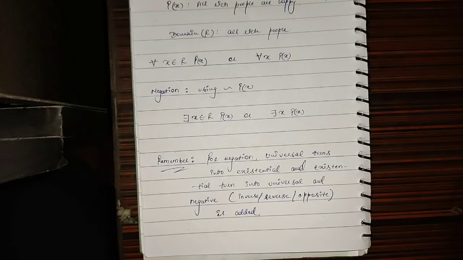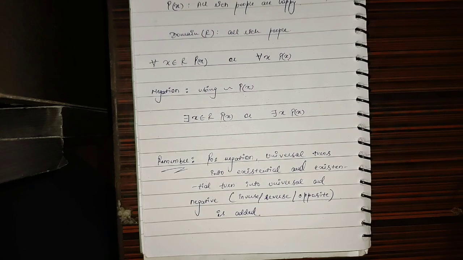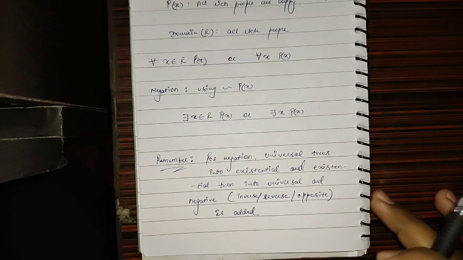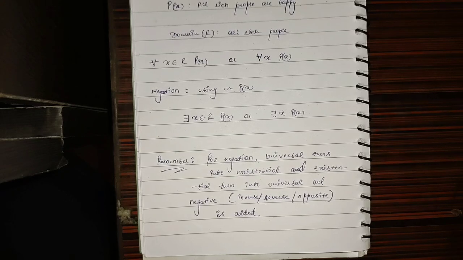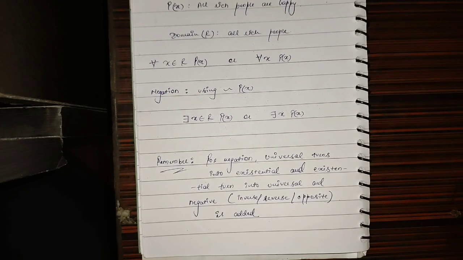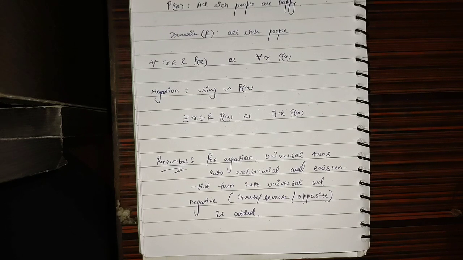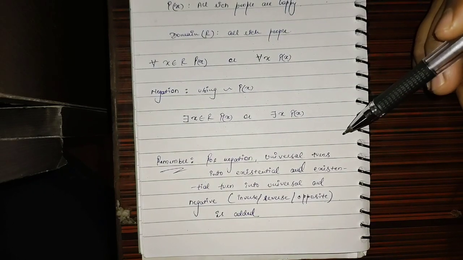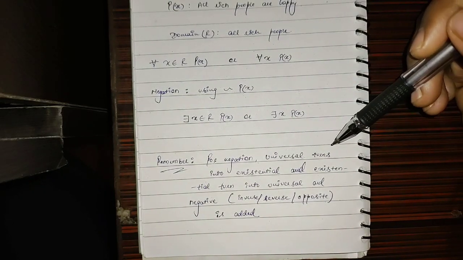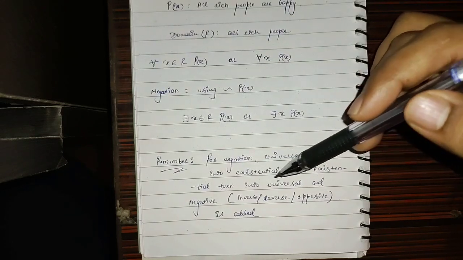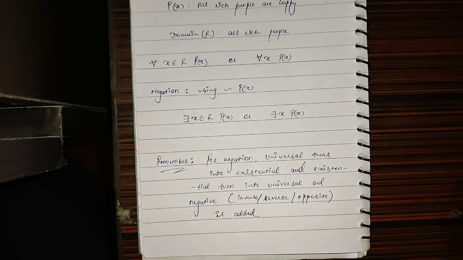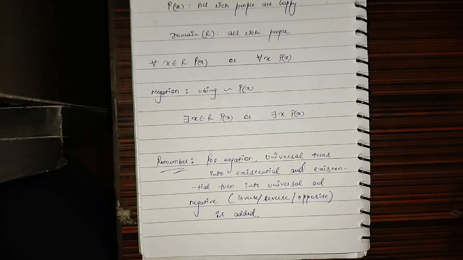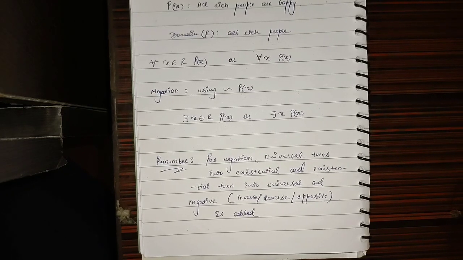I have not taken an existential quantifier example, but it can be sensed that the existential quantifier would have to turn into a universal quantifier for this exchange to be true. So we have to remember this for negation: the universal quantifier turns into the existential quantifier, and the existential quantifier turns into the universal quantifier, and a negation word, meaning inverse or reverse or opposite, is added in front of the statement.